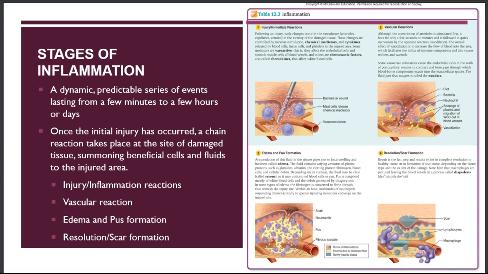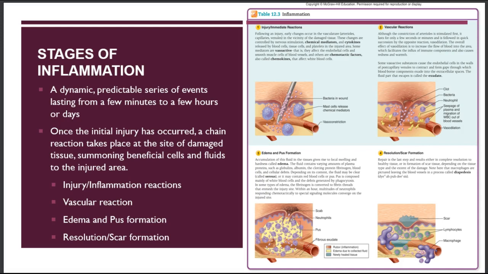And they're going to release these chemicals that are going to attract other white blood cells to the area of injury. Initially, the blood vessels are going to constrict. This will help to reduce blood loss and help protect the tissue that's been damaged.